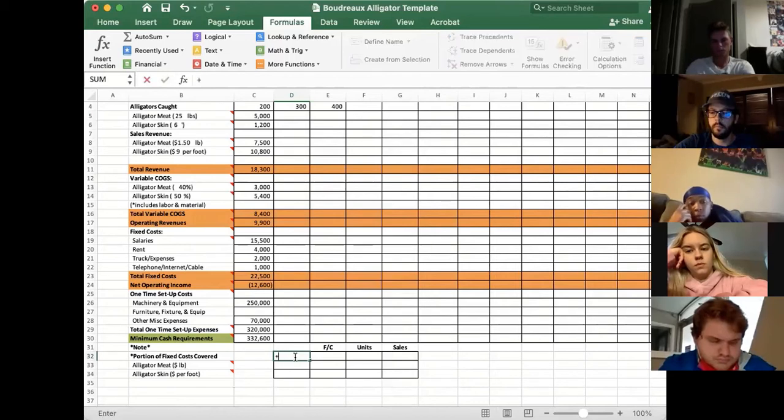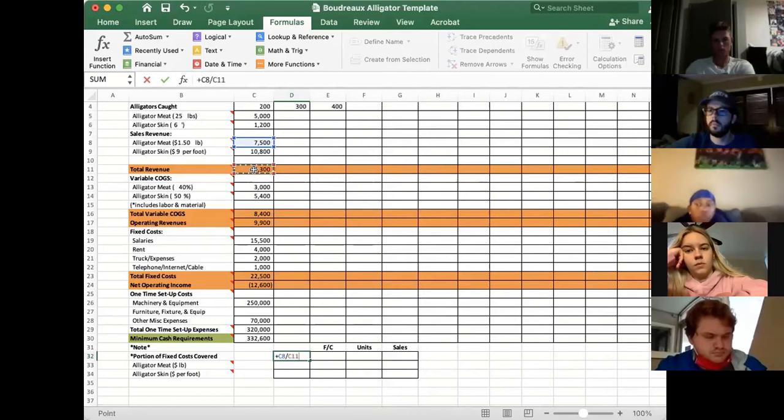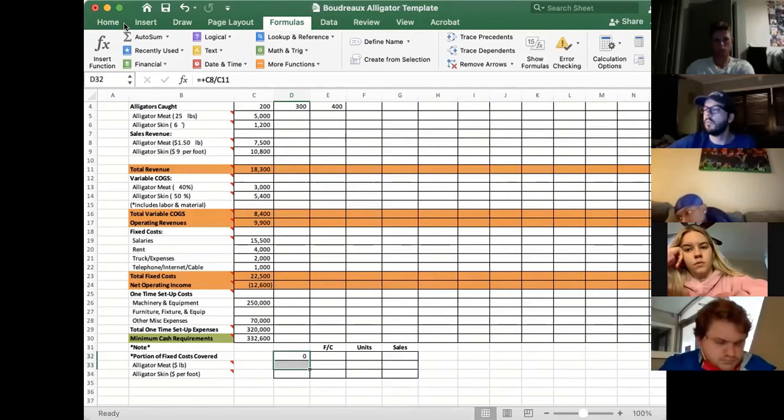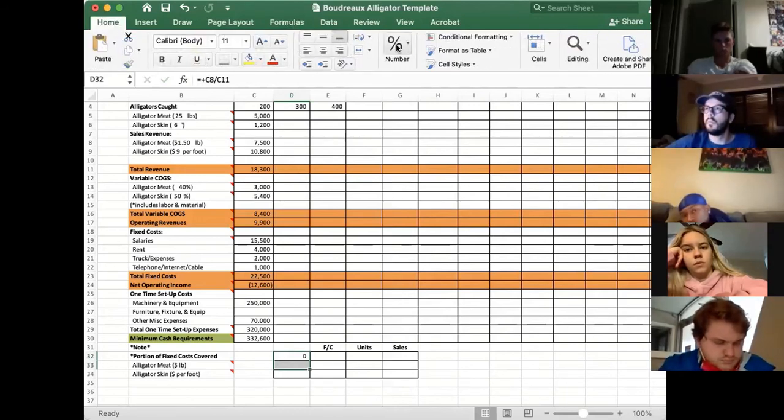So if we look at the revenues from alligator meat, 7,500, and we divide it by the total revenue of 18,000, let's change these to percentage. We see 41%. Now we know the other one must be 59, but let's calculate just to make sure.